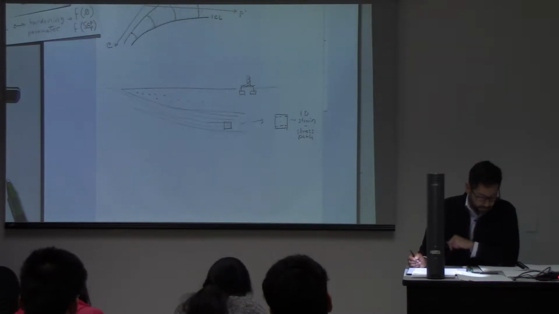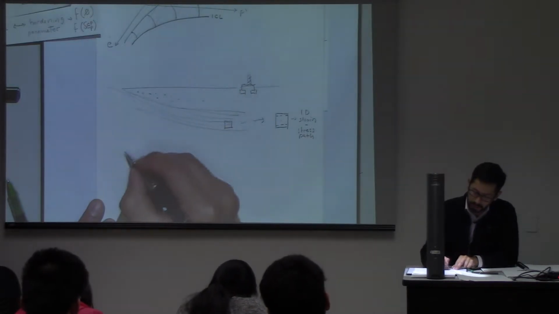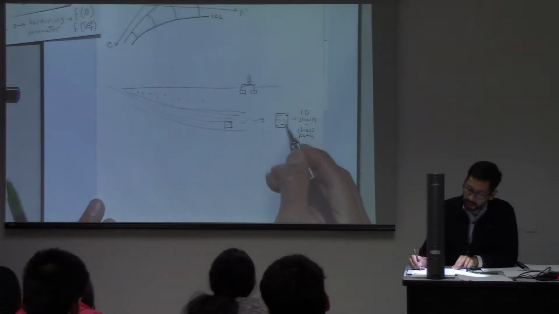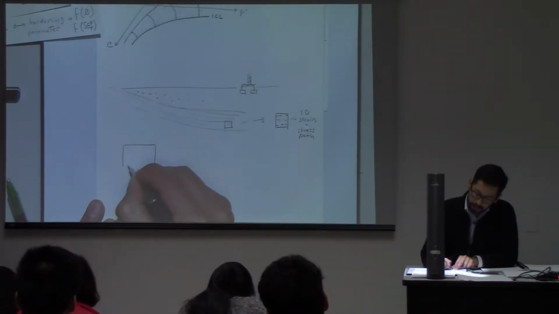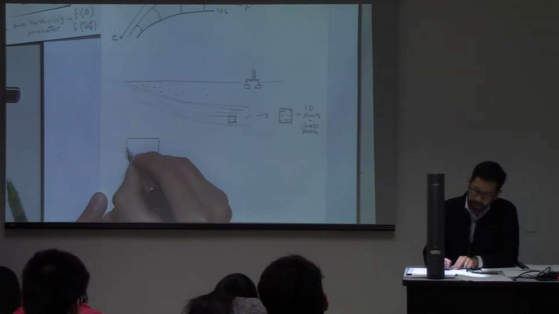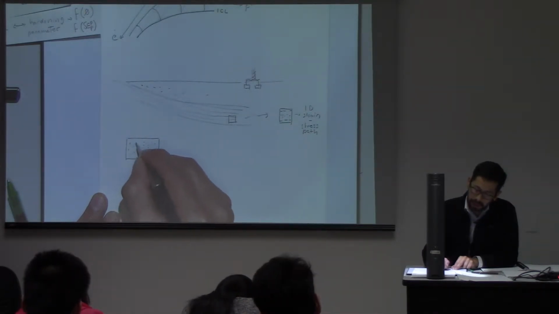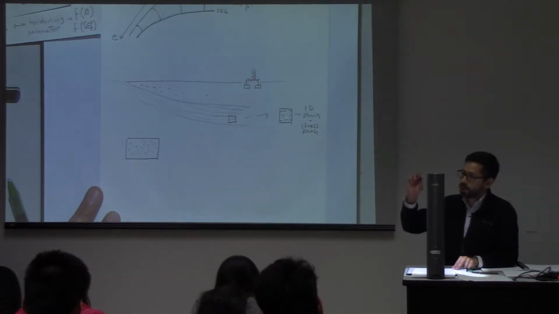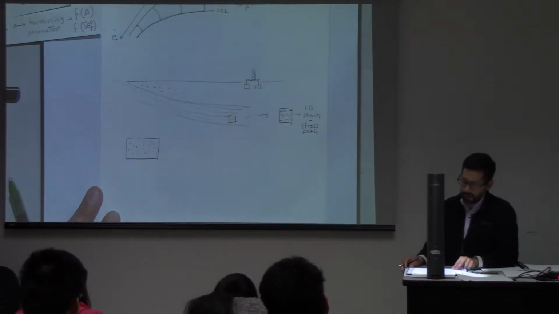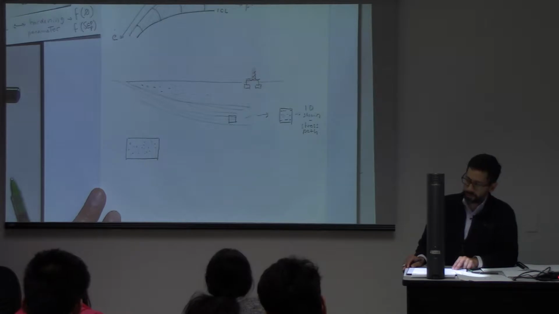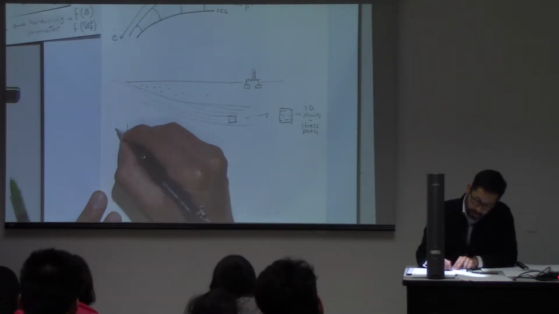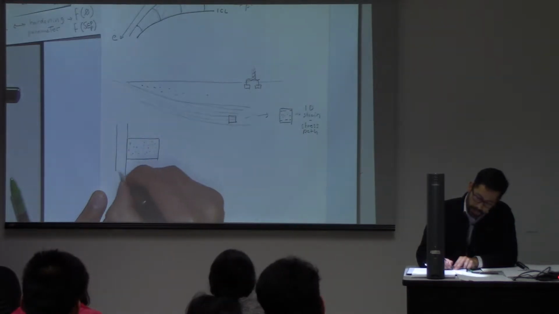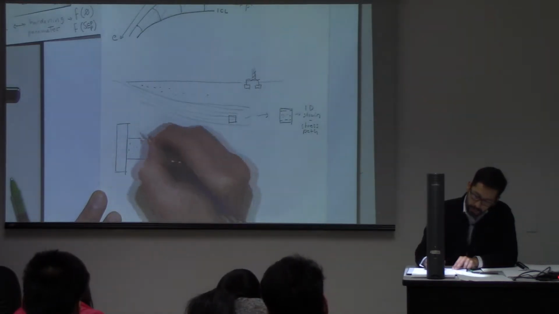In that consolidation test, very similar to this, I'm going to get a piece of sediment, usually a sample which is much shorter than the diameter, about half of that. I'm going to put that into a vessel.